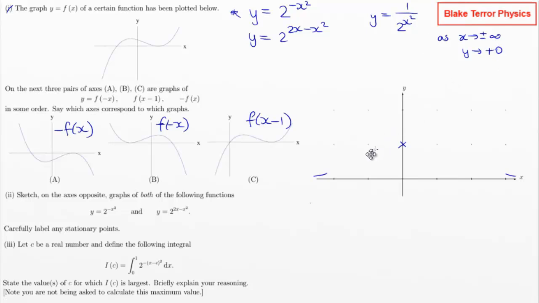Now as x increases from 0, we're getting positive powers of 2, going through roots of 2 until x equals 1, where we have y equals a half.